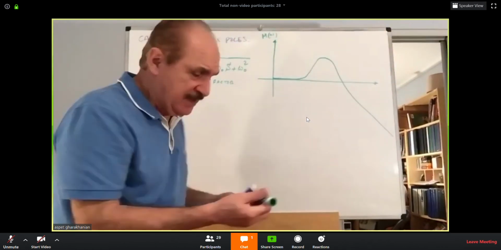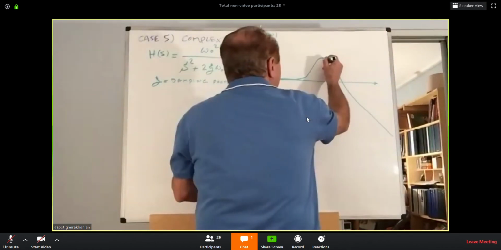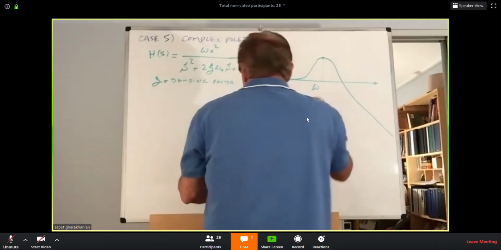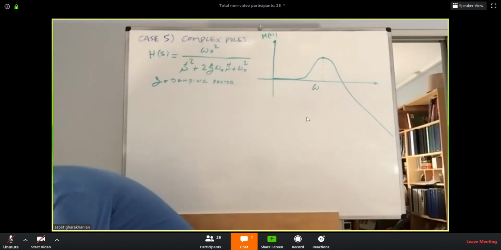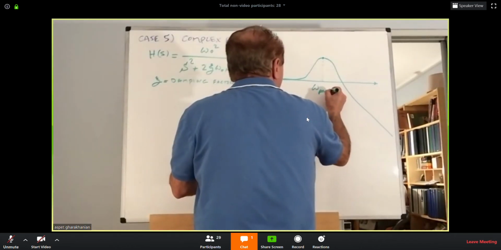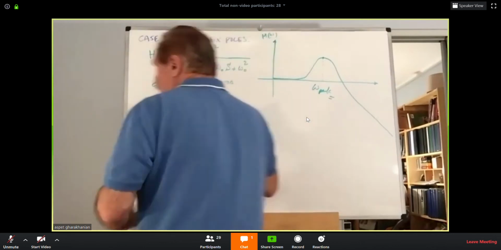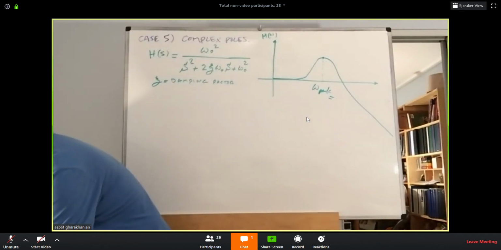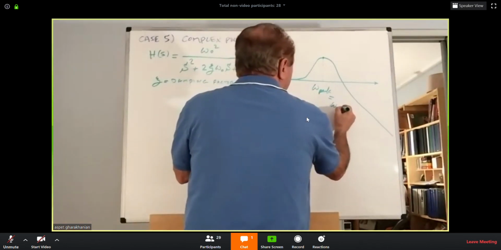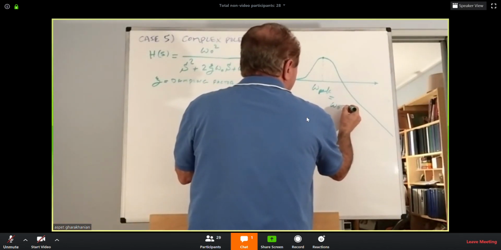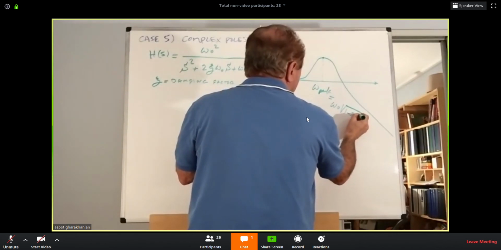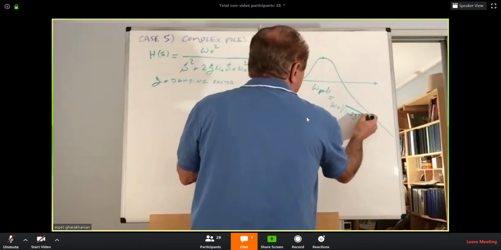The omega peak, the book is calling it omega peak, will depend upon omega O through the equation omega O multiplied by the square root of 1 minus 2 zeta squared.